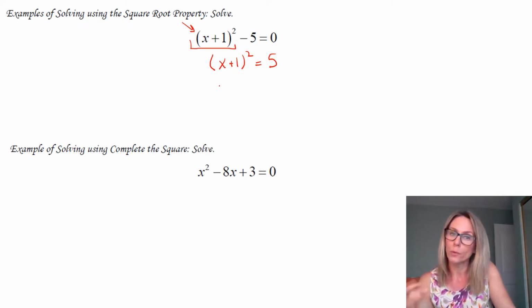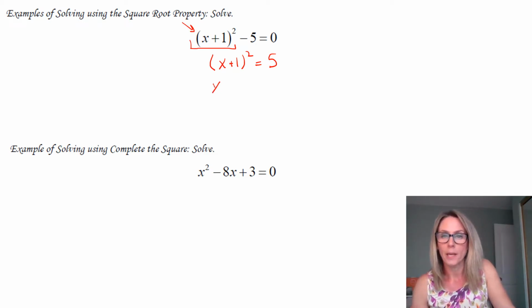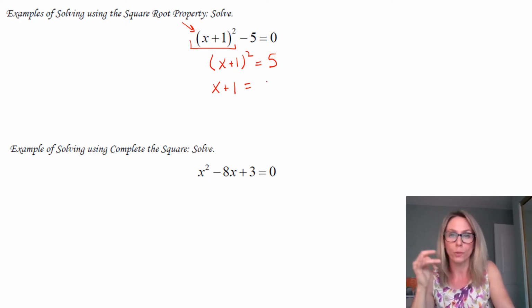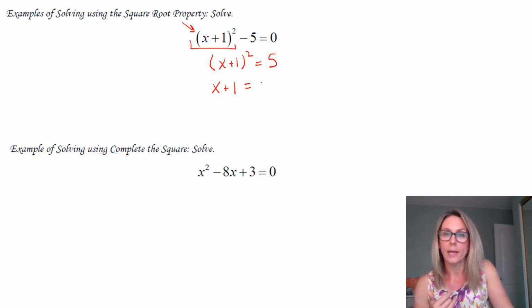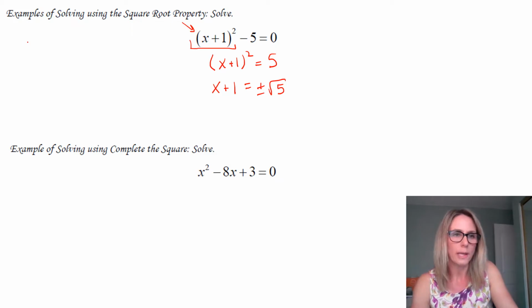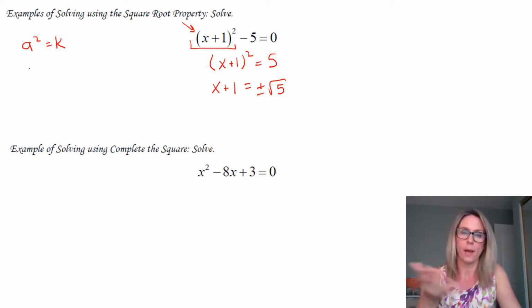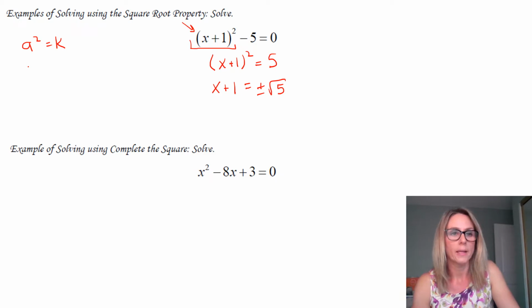If I take the square root of something that is squared, I'm going to get x plus 1. If I take the square root of 5, then I need to think about plus or minus the square root of 5. So the idea behind this is essentially that if a squared equals k, where a is anything, like what I have there, x plus 1 squared, that means that a equals plus or minus the square root of k.